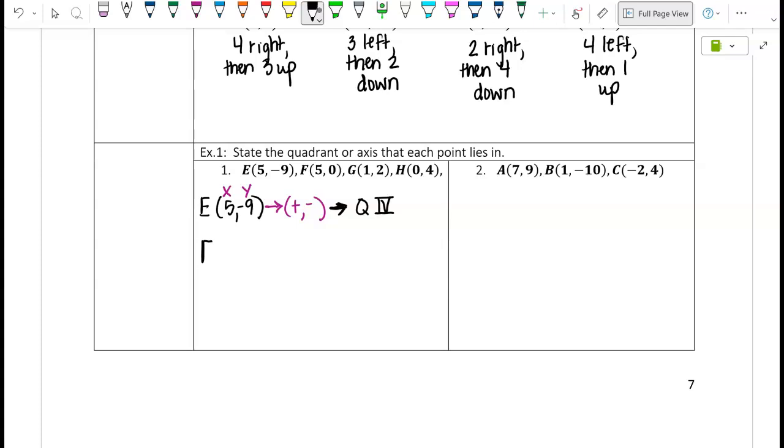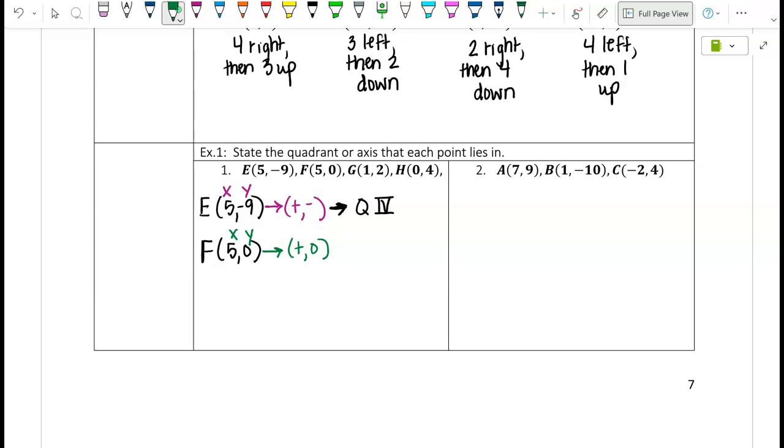Point F, we have 5, 0. So the 5 is our x value, the 0 is our y value. Now this is an interesting situation because we have a plus, a 0. A 0 cannot be positive or negative, which means this is telling me I'm going 5 to the right and I'm not going up or down.